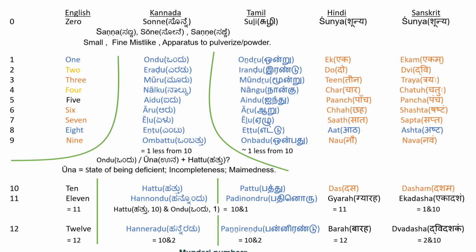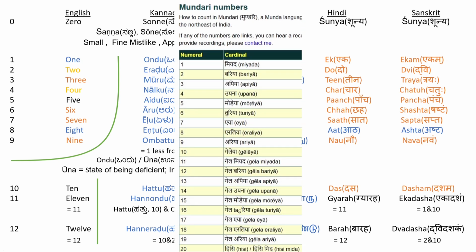But possibly this word Bara in Hindi is related to something else. In Hindi, the do sound appears for two only in 1, 2, 3, 4, but in any other, like 12 or 20, this ba sound is associated with 2. Possibly that's coming from a Mundari language or some other language where 2 stands for Bariya, 12 stands for Gela Bariya.